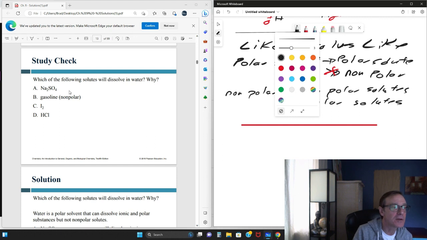Okay, so sodium sulfate, we have the polyatomic ion sulfate along with 2 sodiums. So we know that that is a polar compound and it will dissolve in water because water is polar. Gasoline is nonpolar, so that will not dissolve in water.